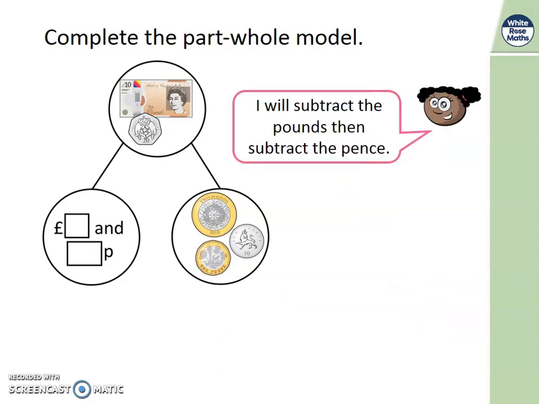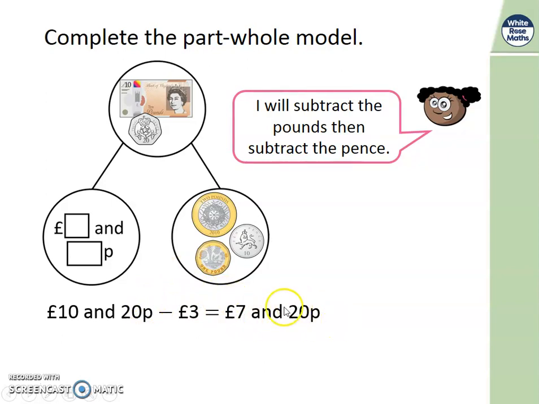What about if we use Whitney's method? She says she's going to subtract the pounds first and then subtract the pence. Let's have a go. We start with our £10 and 20 pence and we take away the £3 first. £10 take away £3 is £7 and we still have the 20 pence.